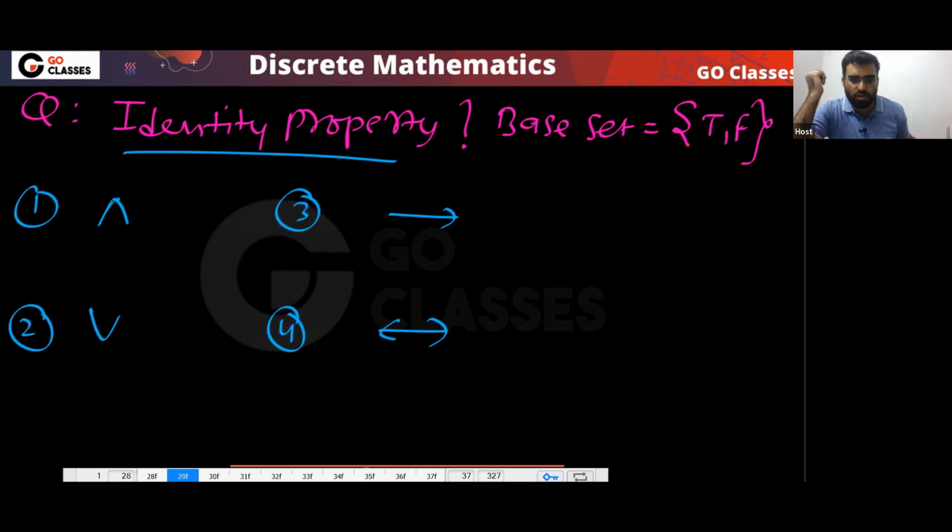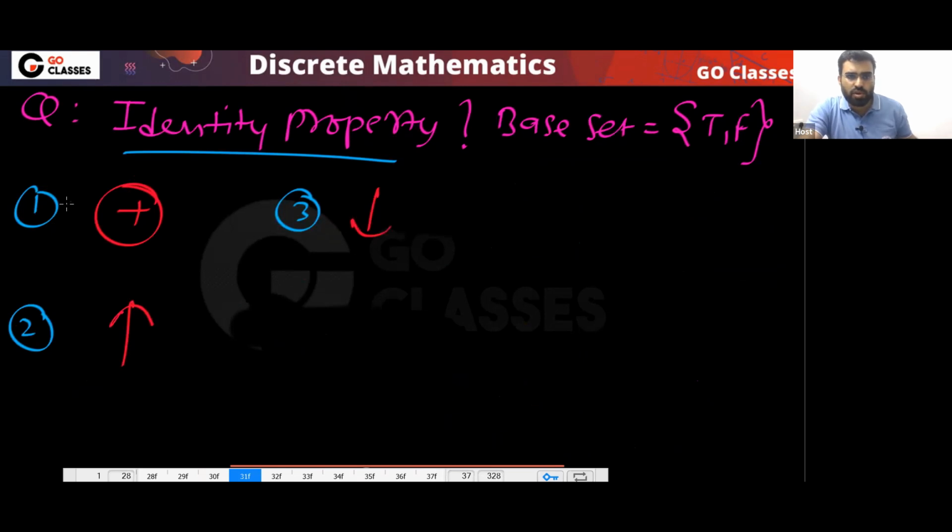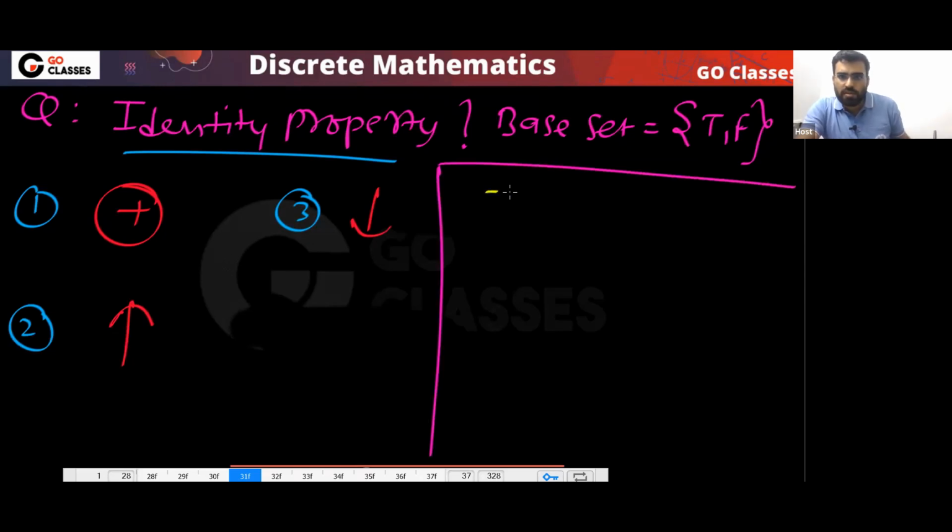Same question if I ask you for these operations, like what about exclusive or? What about NAND, NOR? Does exclusive or have identity element? Check E equal to false. For this exclusive or, can I say E equal to false will work?